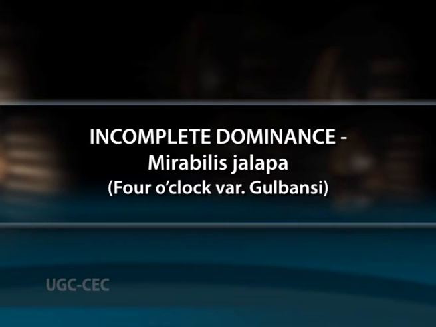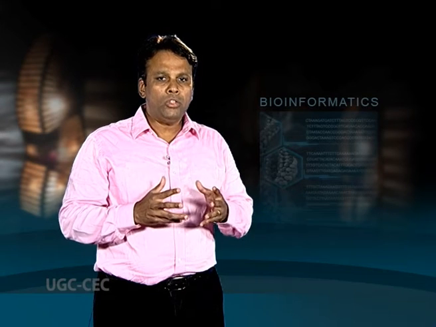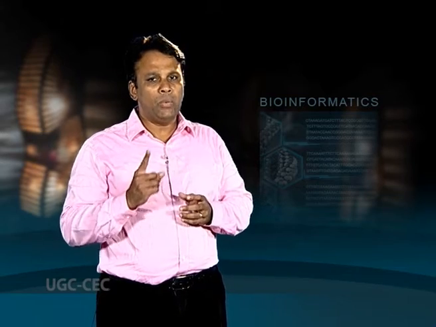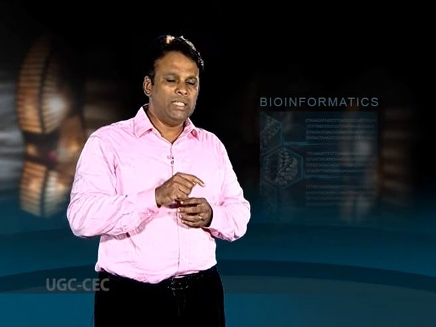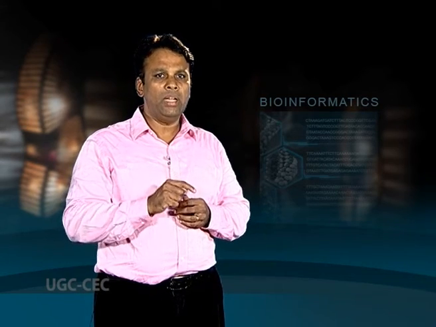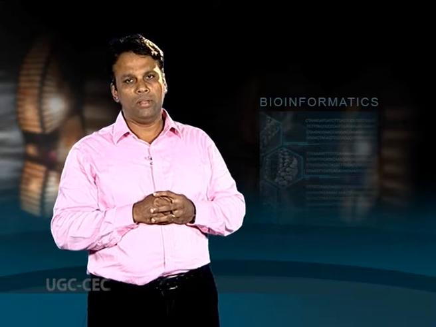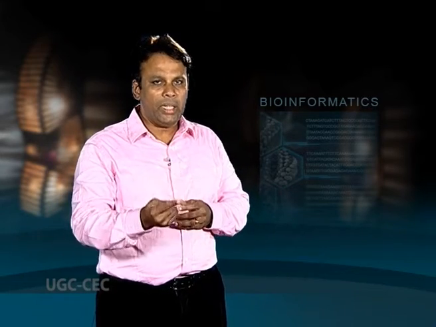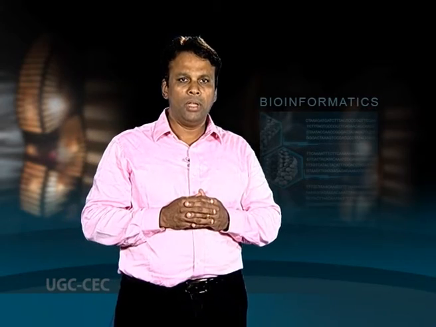Let us first see incomplete dominance in Mirabilis jalapa. According to Mendel's inheritance, a dominant or a recessive allele of a single gene controls such traits in a simple hereditary process. However, the dominance of one allele over the other allele is not always complete.